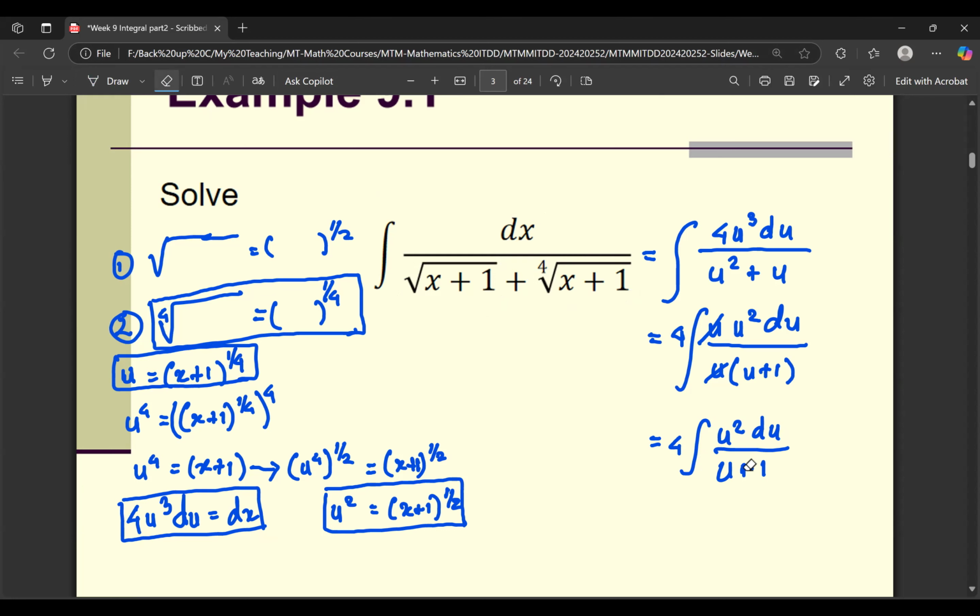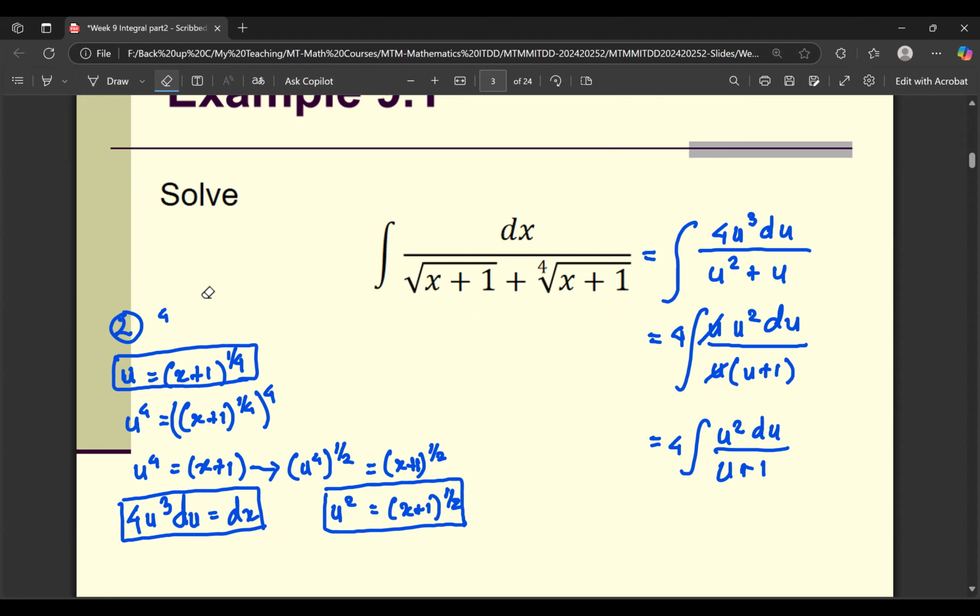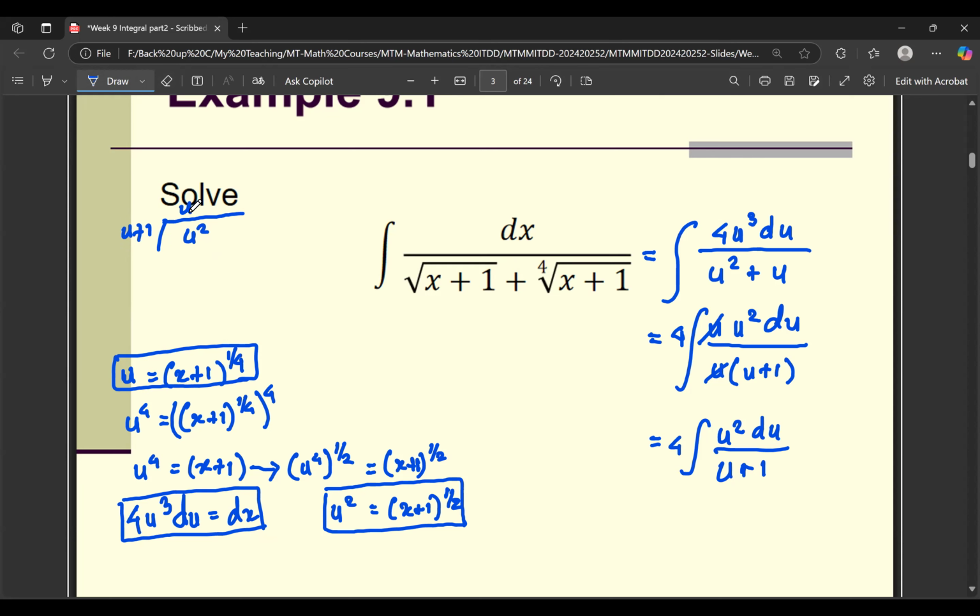So next we must divide u squared by u plus 1 using the division. As we know, before, this is u plus 1 dividing u square, and this is the multiplication by u.